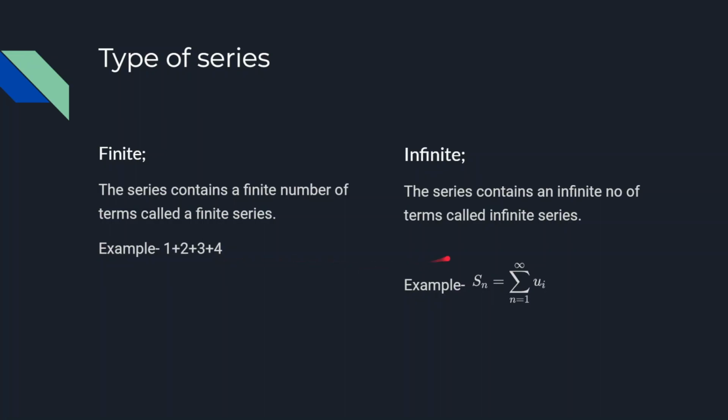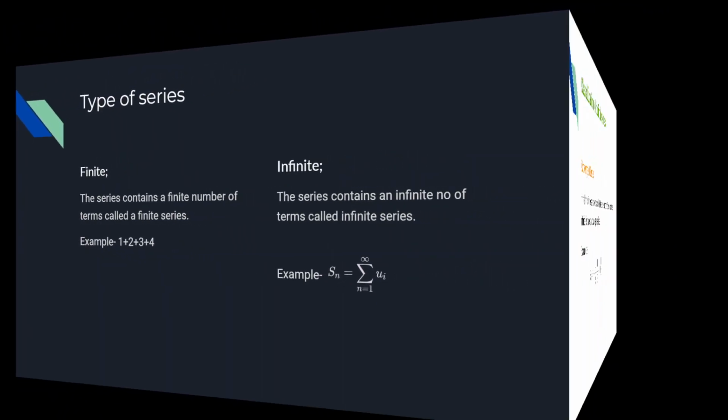But if the series contains an infinite number of terms, this is called an infinite series. Like Sn is equal to the sum from n equals 1 to infinity of un. That means this series is u1 plus u2 plus u3 and goes on to infinity. So this is called an infinite series.